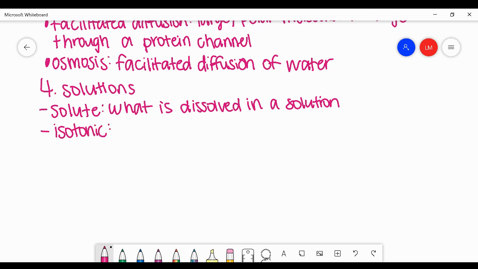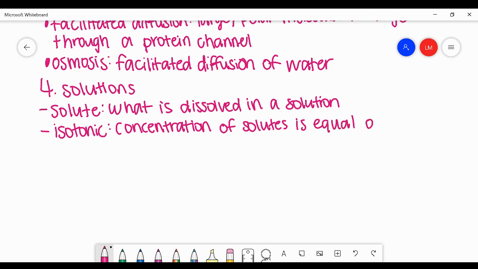In an isotonic solution, the concentration of solutes, or how much of whatever is dissolved in water, is equal on both sides of the membrane.